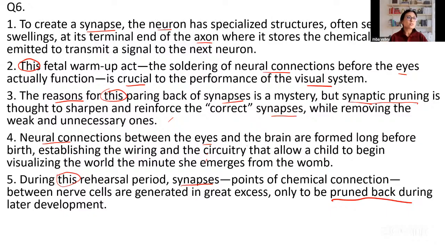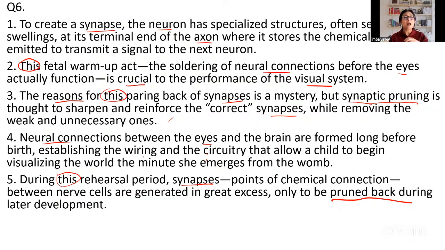So sentence 5 talks about the synaptic development that occurs during the early period. The early period is described in sentence number 4 and 2, the fetal warm-up act. In sentence number 4 too, he says neural connections are formed long before birth, talking about that time. So I repeat, sentence number 5 talks about synaptic development that occurs during the early period described in sentences 4 and 2.